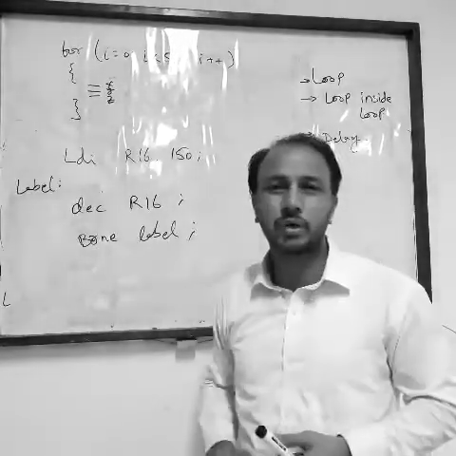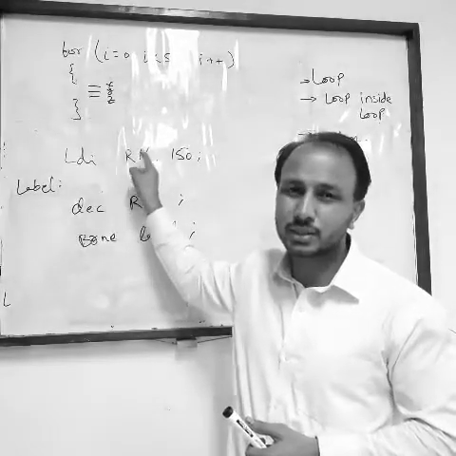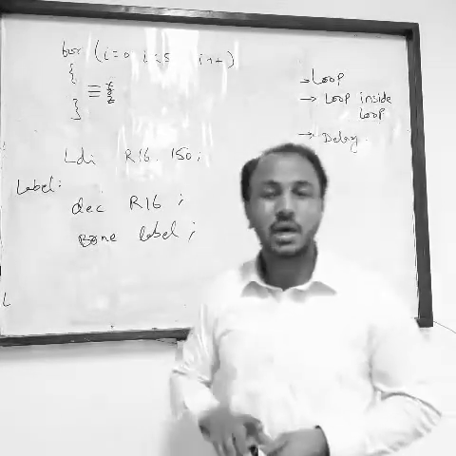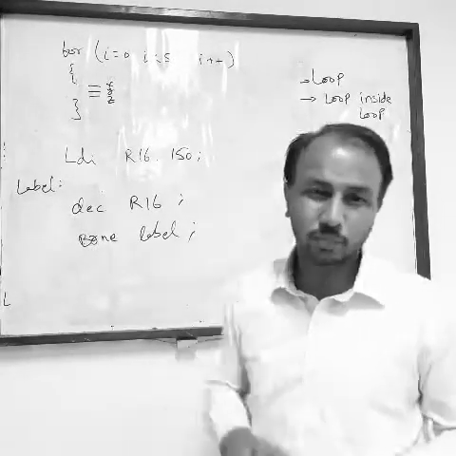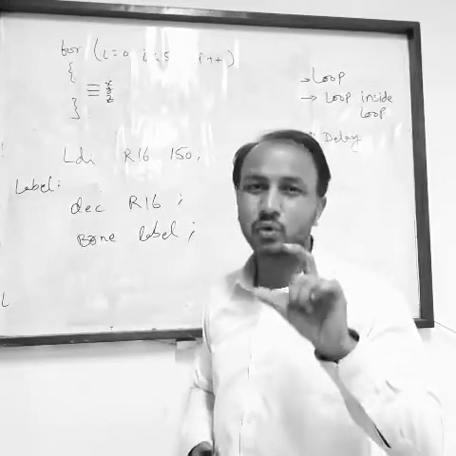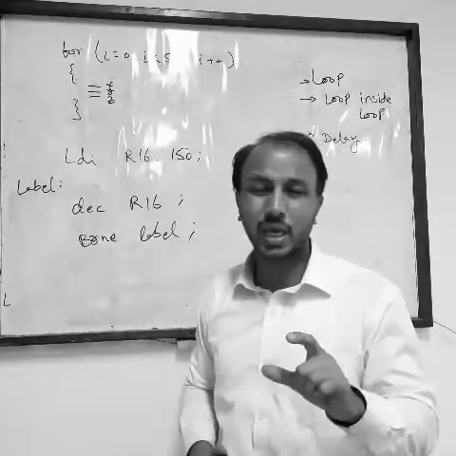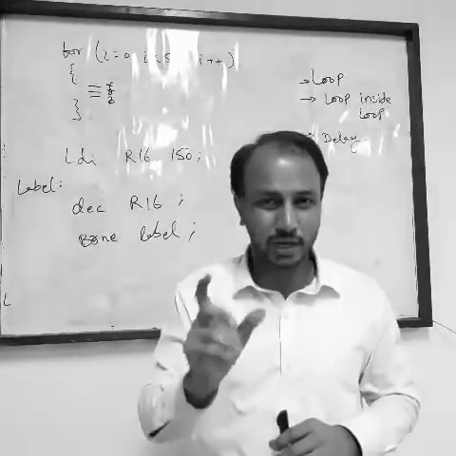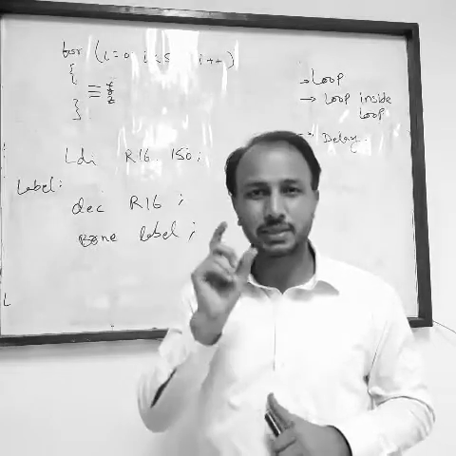It depends upon this counter value, this R16 value, the architecture of your processor, the data bus of your processor, the ALU size. ALU here in AVR can process 8-bit data. Register size is 8-bit. Your data bus is 8-bit.